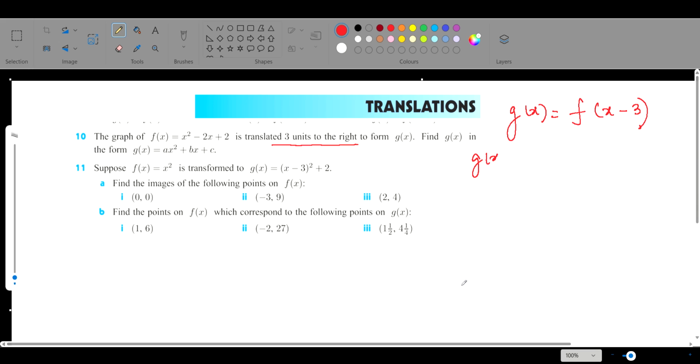So g(x) would be, so x is replaced by what? x minus 3. Wherever you see the x in the f, replace that with x minus 3. (x minus 3) whole square, minus 2, this is the 3 unit translation to the right, right?